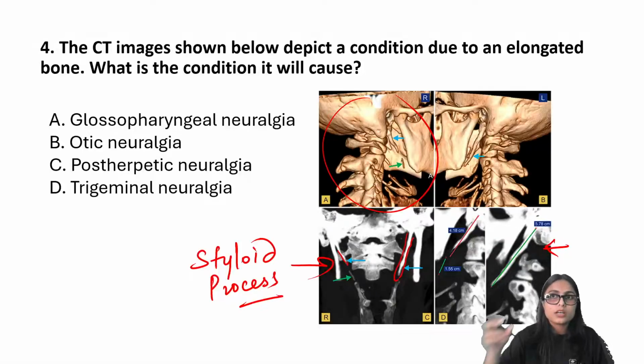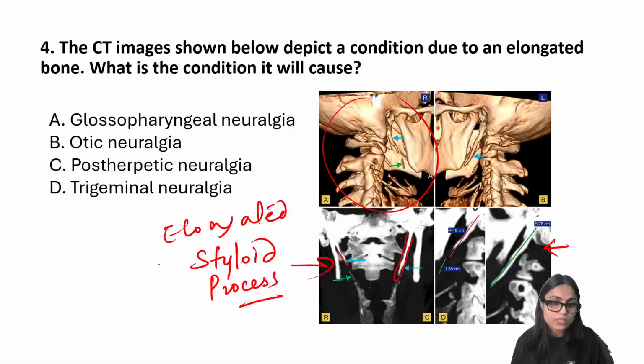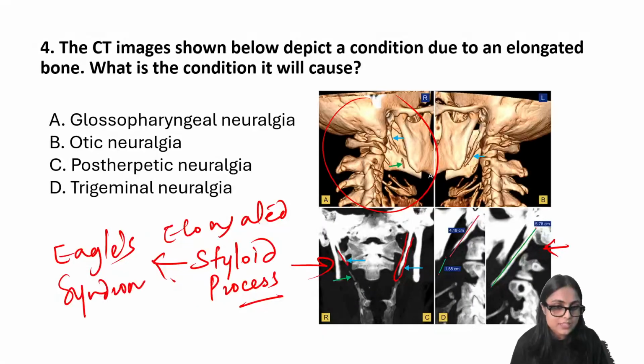When you recall in which syndrome you see an elongated styloid process, you will get to the one syndrome, that is Eagle syndrome. Eagle syndrome, correct? In Eagle syndrome, you see an elongated styloid process. Now, what happens when this elongation occurs? What happens?